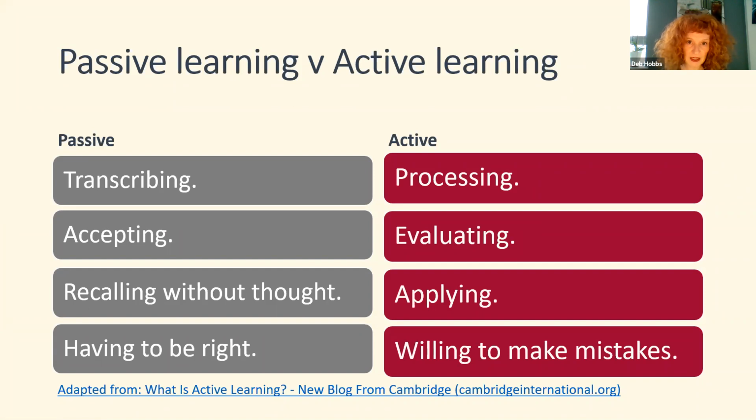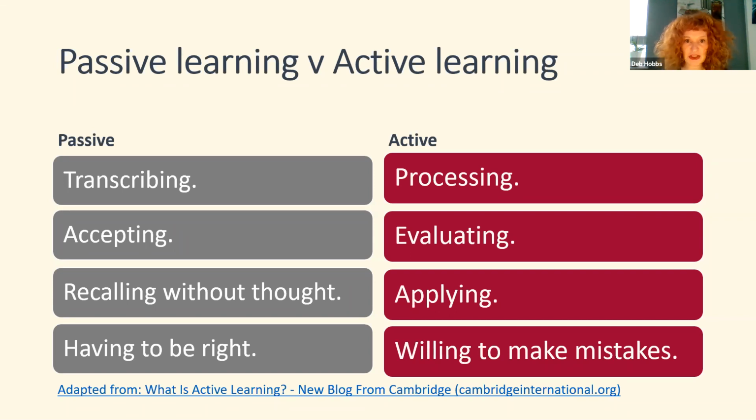So if we think about passive learning, that's around things like transcribing, listening, writing, without actually processing what we're doing. And if we process something, then it becomes much more an active learning process. Accepting something that we're told without actually evaluating it and assessing how effective or not it is.